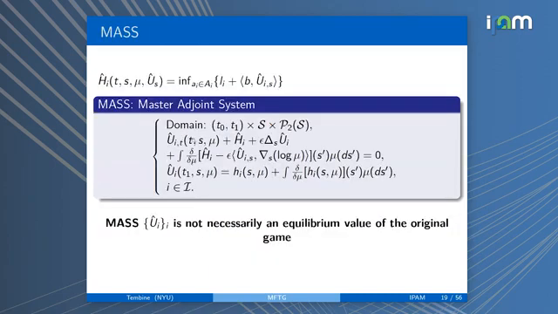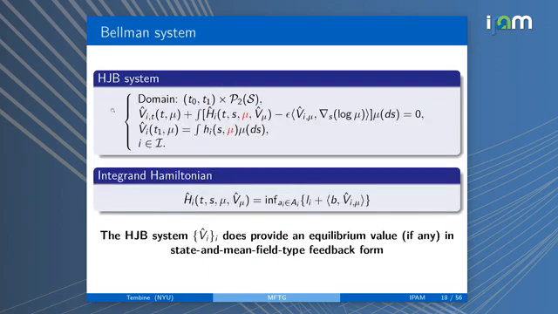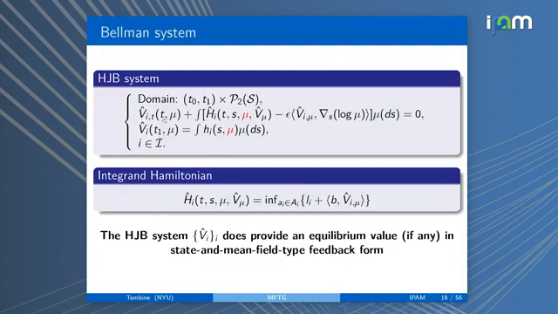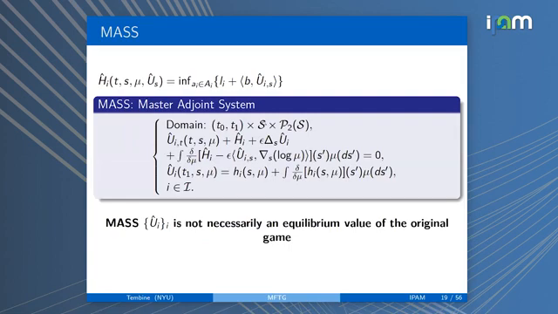If you are interested not in the Bellman system but in the master equation, because now it becomes a master system of equations, then you get this problem here. The value function is a function of mu only. So there is no s in the value function here, but there is s here.